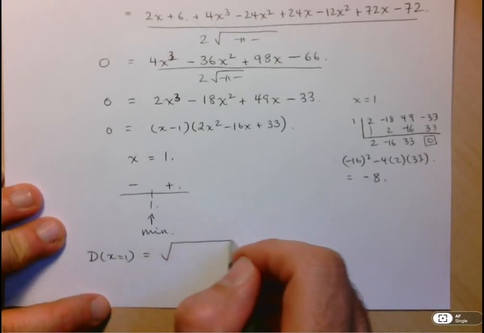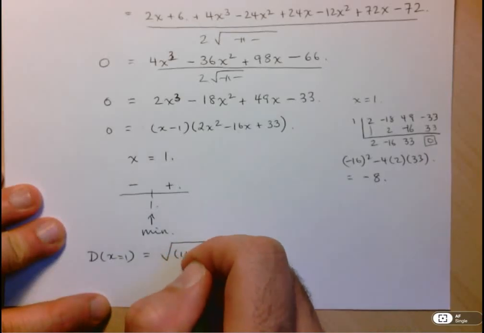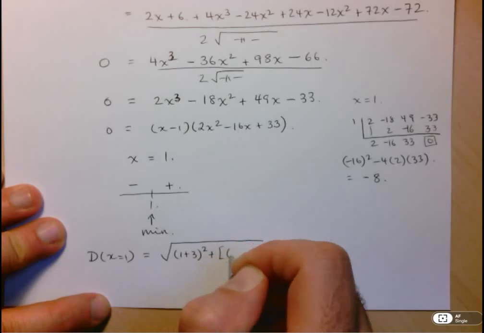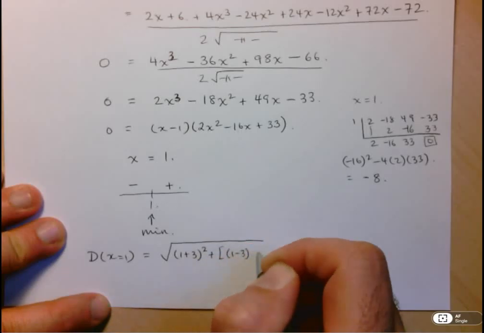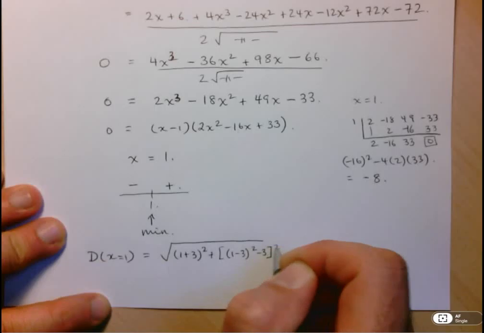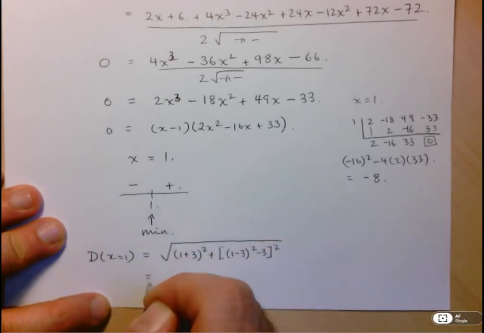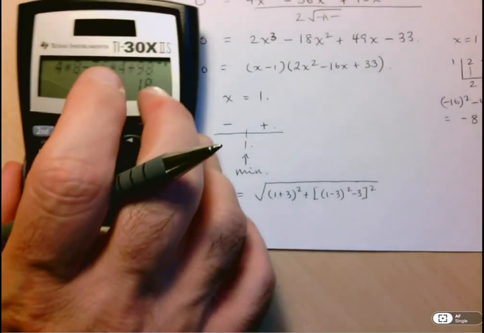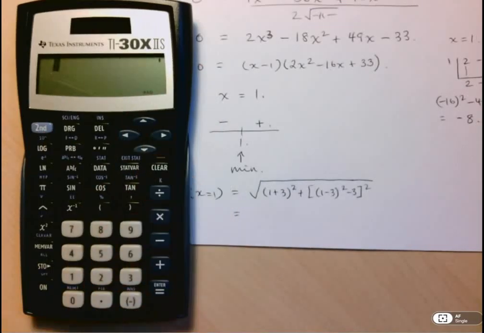So that's the square root of (1 plus 3) squared plus (1 minus 3) squared minus 3 squared. And we'll see if this is a perfect root or not. Okay, so let's carefully calculate that.